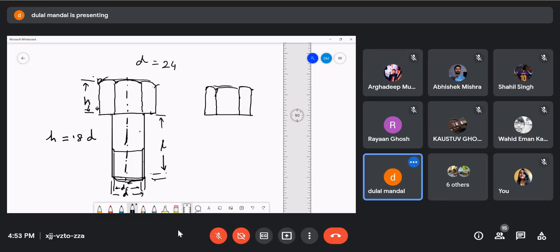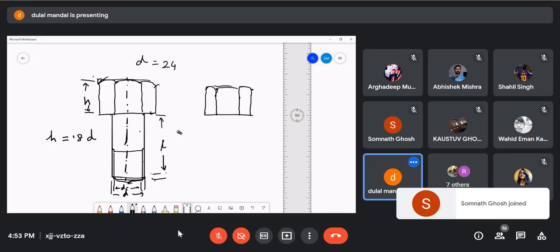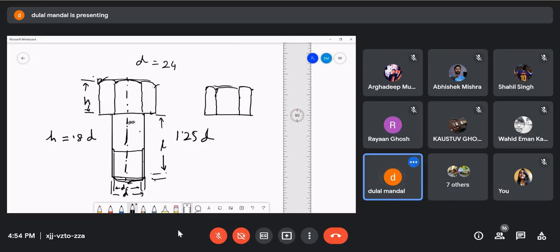Now, D is given to you. So measure from here, take 1.25D, and you'll get a center over here. Once you draw the central line, this height is known to you.